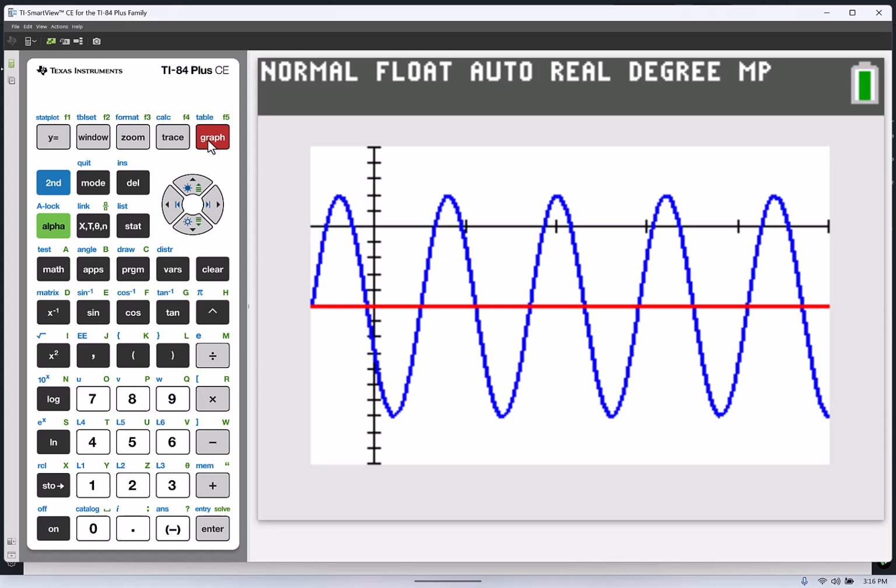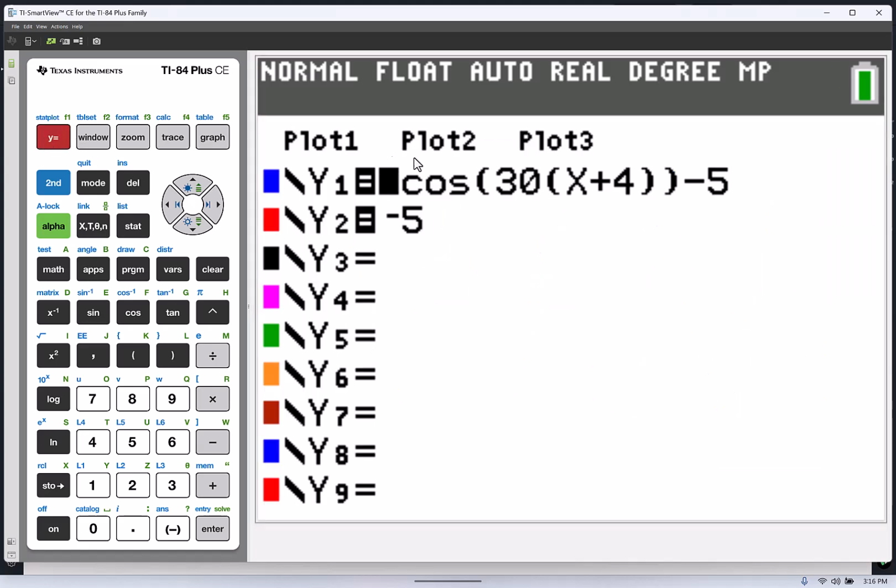Okay, where are we at, guys? You didn't get that? Yeah, this is why I told you be careful with these parentheses here.